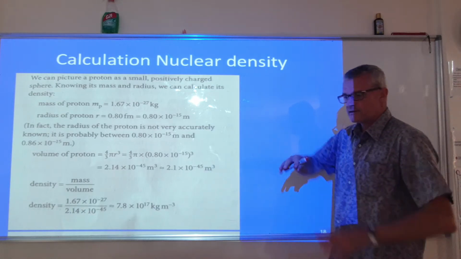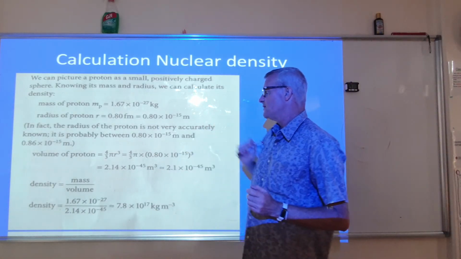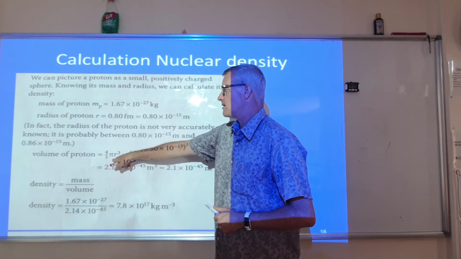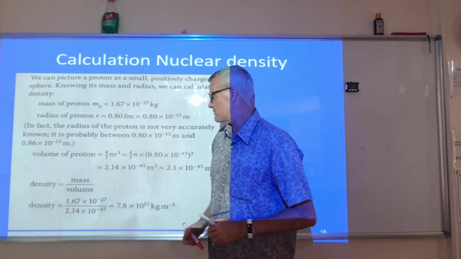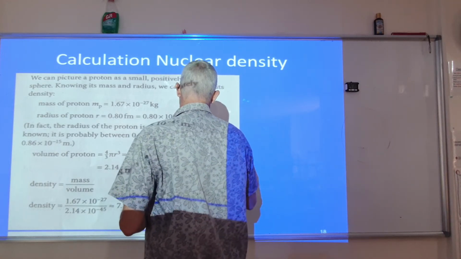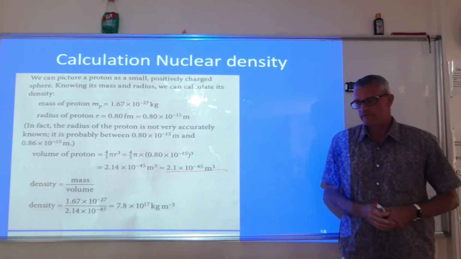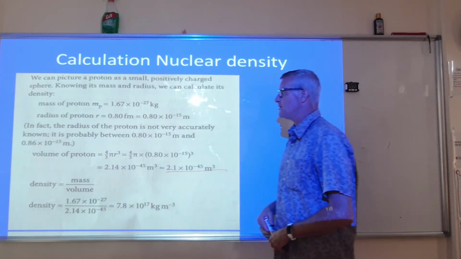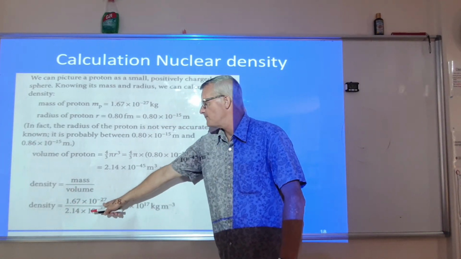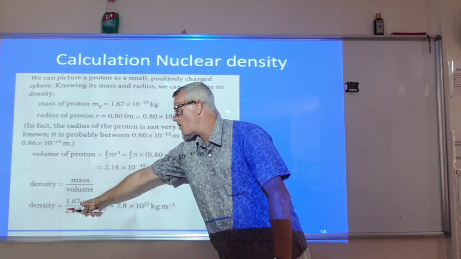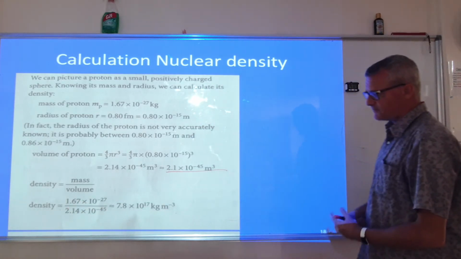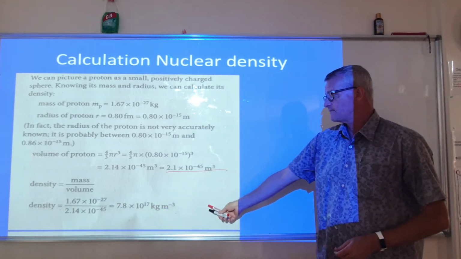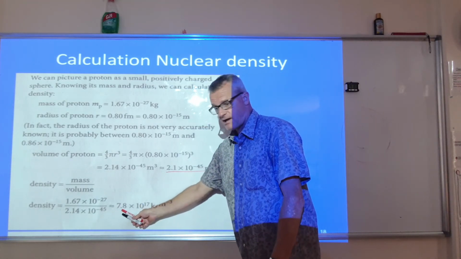We might say that a proton is a sphere, and calculate the volume of a sphere. Density is mass over volume. The mass of one proton is 1.67 times 10 to the negative 27. We divide it by the volume, and we get the density for a proton.